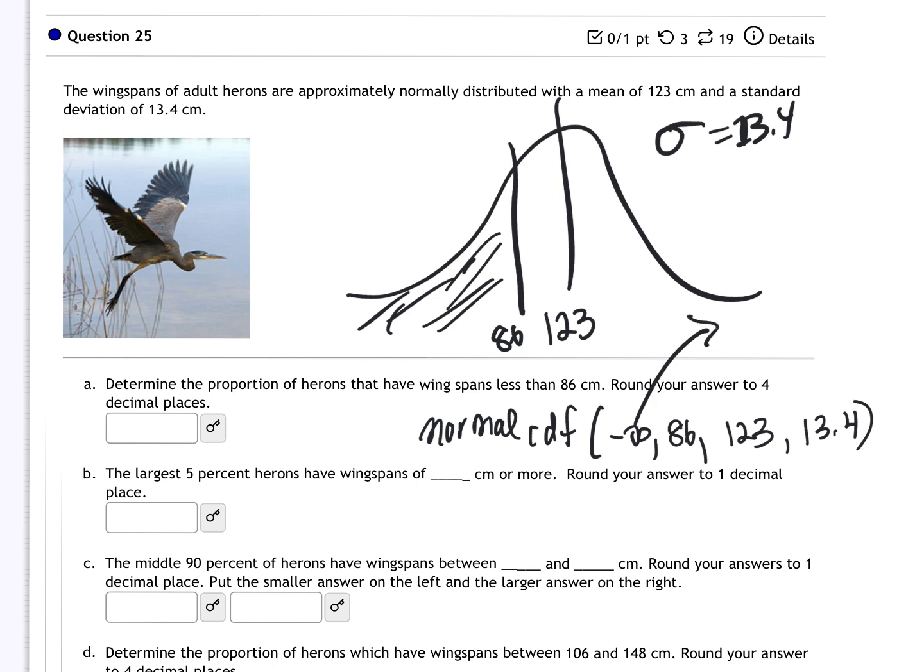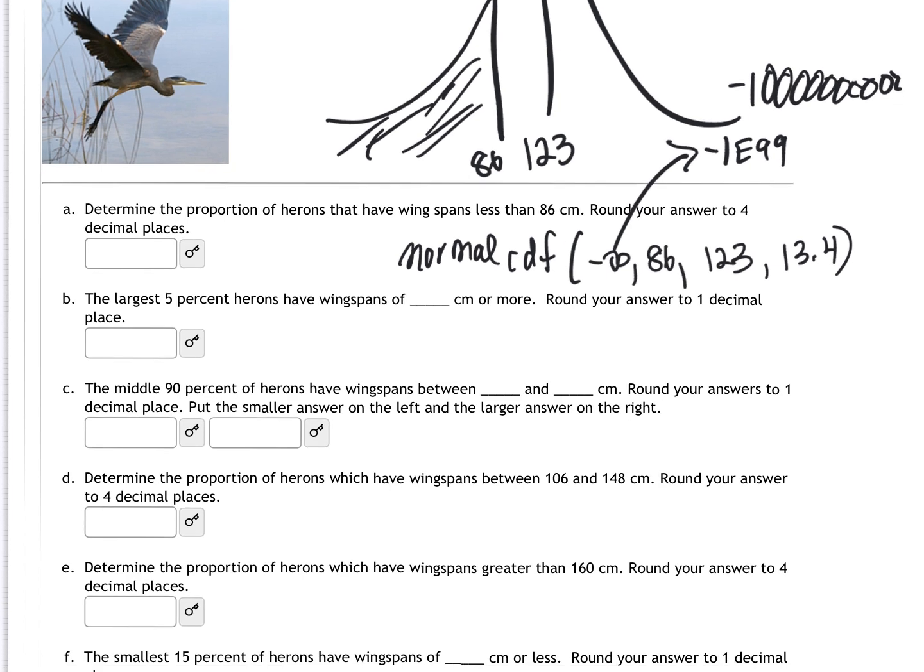If your calculator doesn't take a negative infinity sign, you're going to use -1 E 99, or -1 with a whole bunch of zeros. You can just throw a bunch of zeros in. It doesn't take that many before you are going to be accurate to the nearest, whatever, 20th place.